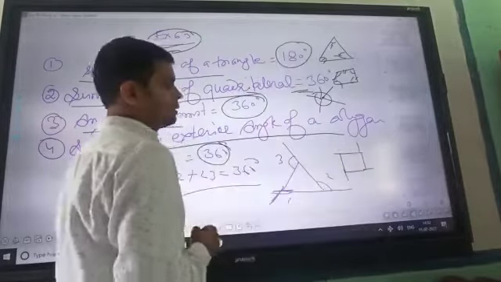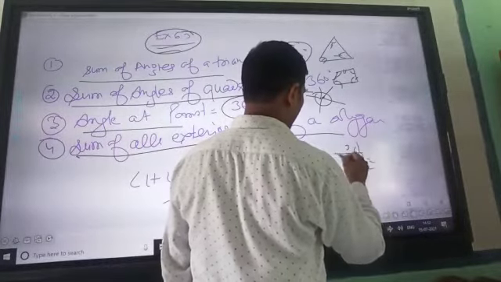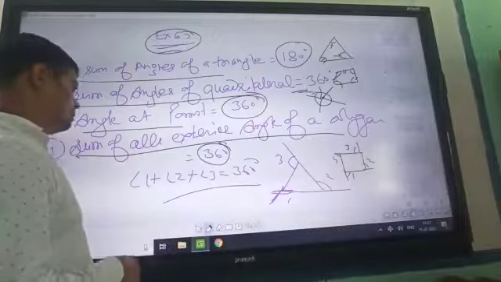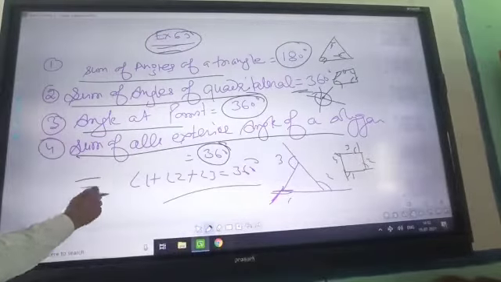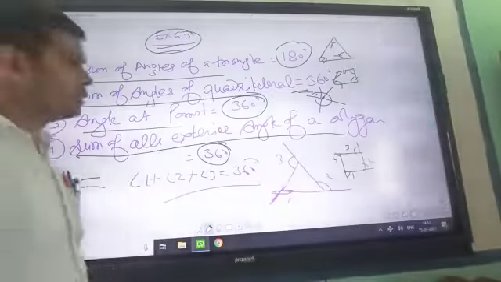The sum of all these angles, this one, 1, 2, 3 and 4, will be 360. So these are the basic concepts of this exercise which we will use in solving the questions.